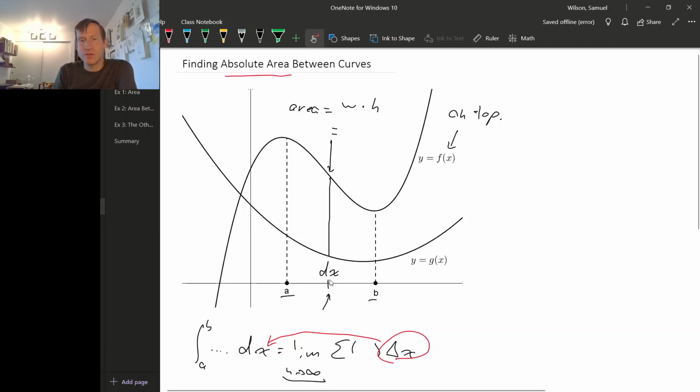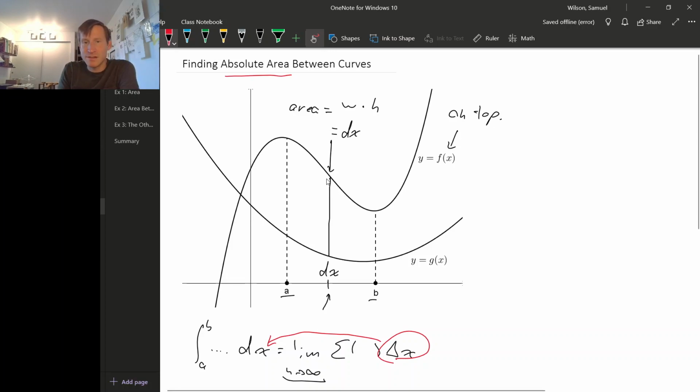So this dx is really a shorthand for some sort of limiting process applied to delta x. But the width of this rectangle is dx. So to find the area, all we need now is the height.